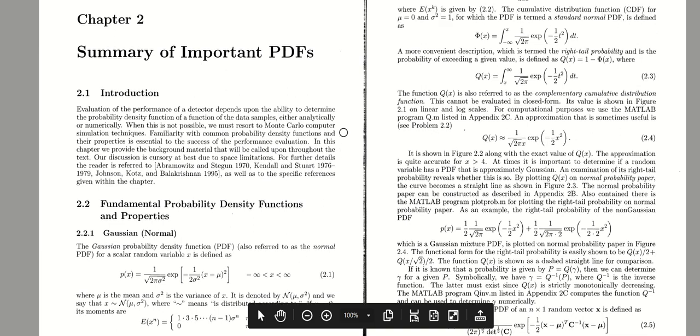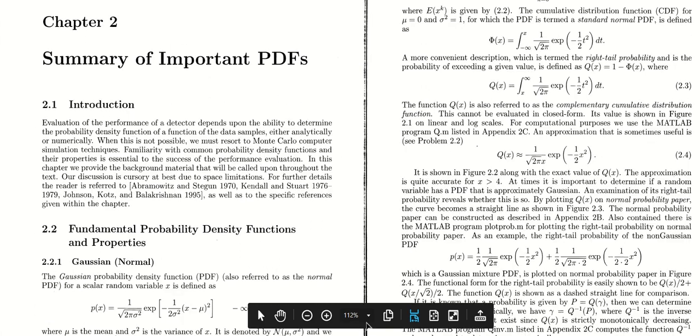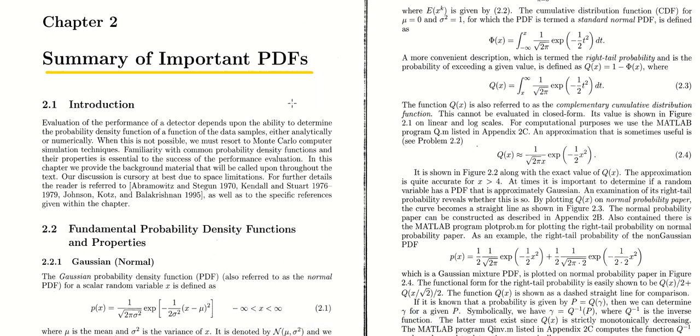Okay, so chapter two is a summary of important PDFs.